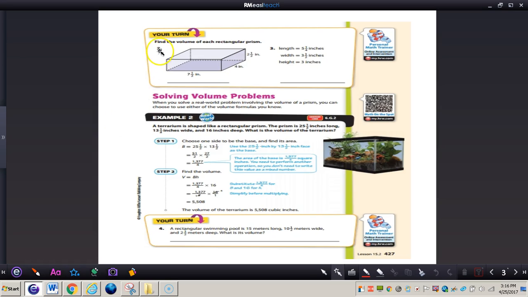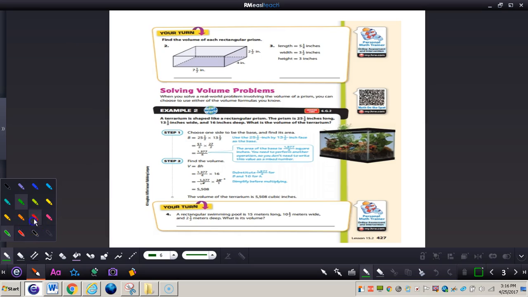For number 2 on page 427, this is how I want you to write it out. Volume equals length times width times height. From here we're going to plug in our numbers. Volume equals length 7.5 times the width 4 times the height, which would be 2.5.